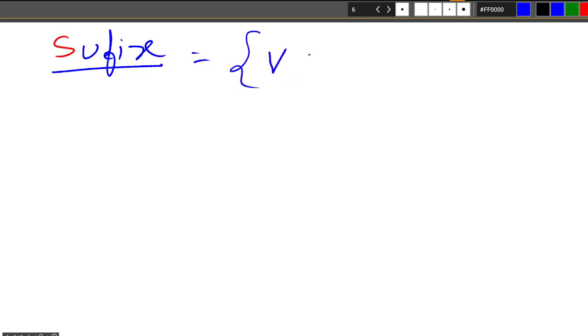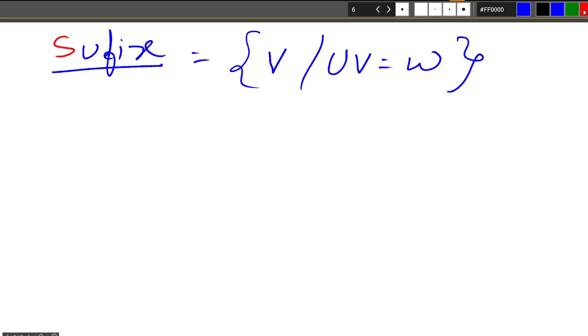Let us talk about suffix. So what is suffix? Suffix is also a string, let me call it V, which is after a string to make a whole string.